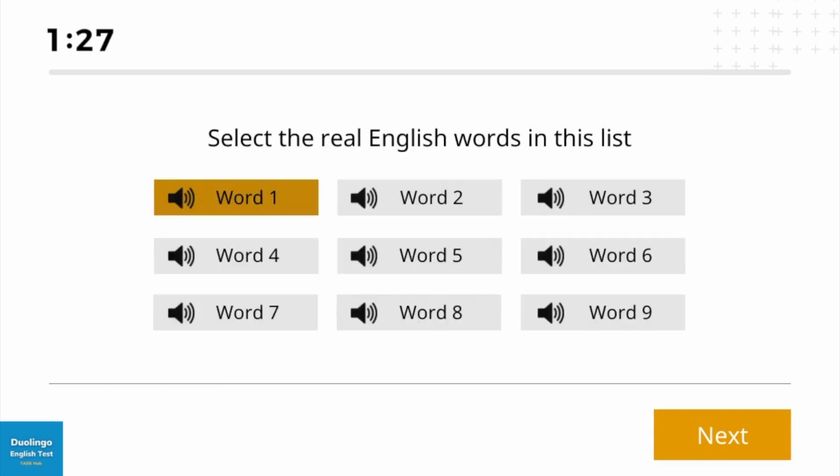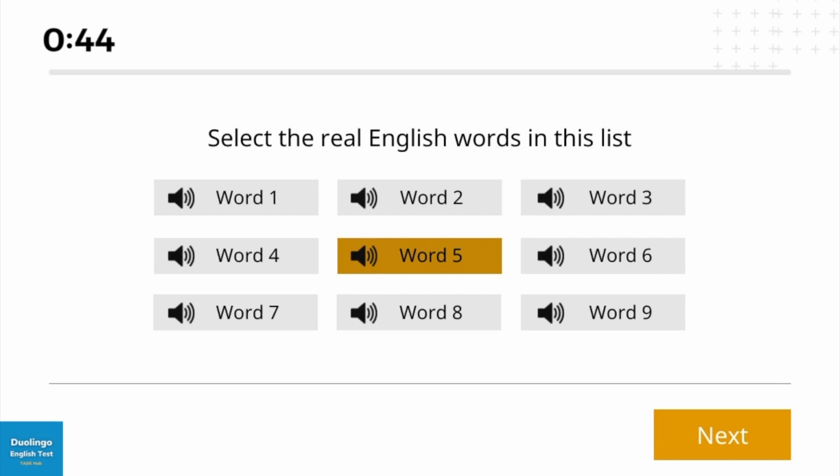Legacy. Legacy. Legacy. Hurricane. Hurricane. Hurricane. Ability. Ability. Ability. Highly. Highly. Highly. Actor.